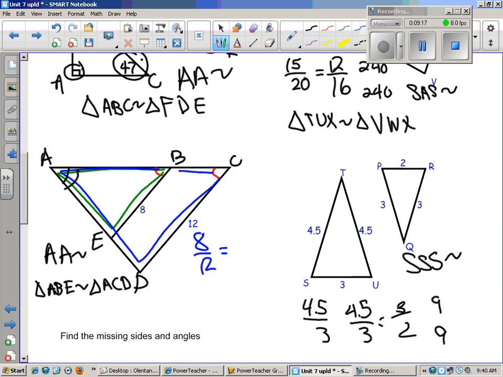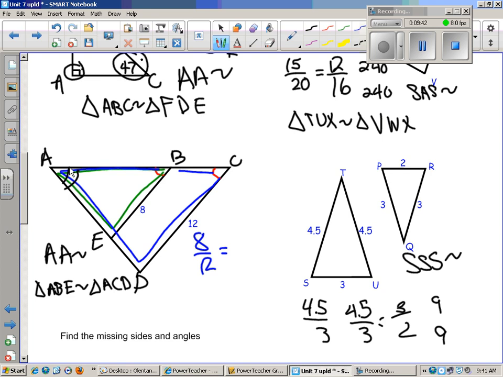Because ordinarily you'd have to check this side and this side, this side and this side, these two sides. You'd have to check them all. But in this case, since these are identical, you don't have to check them all. Yep. Exactly.